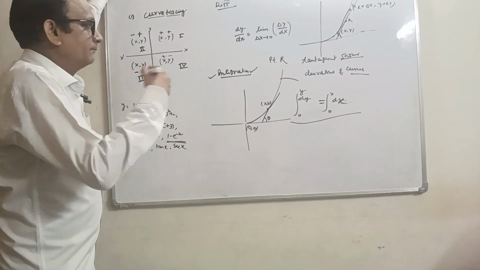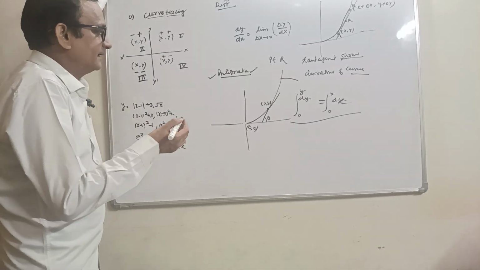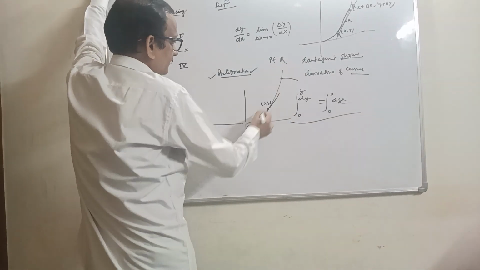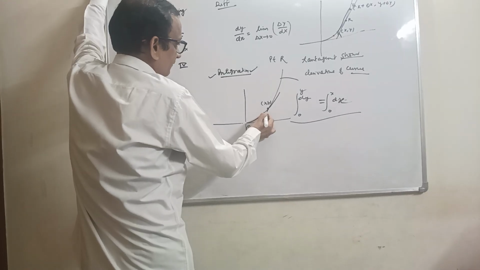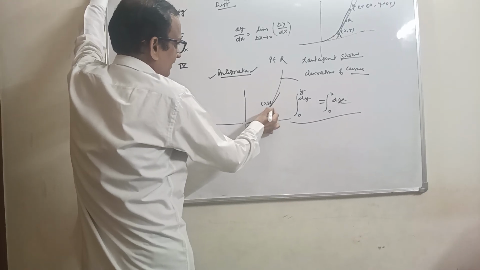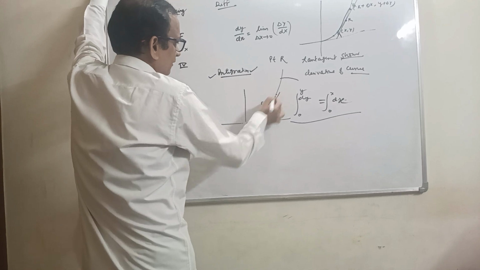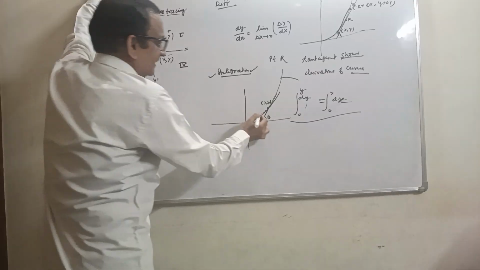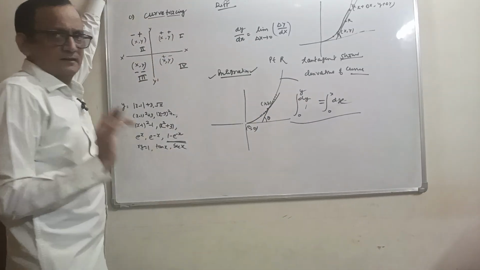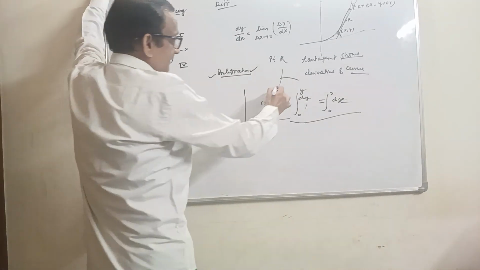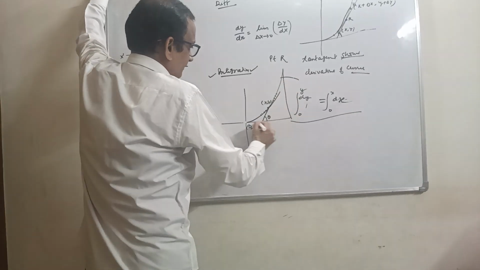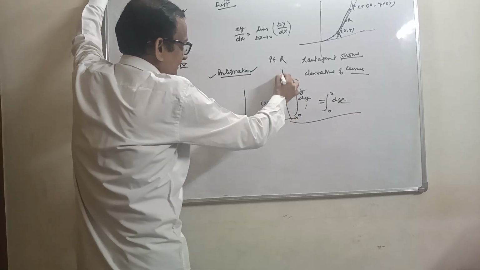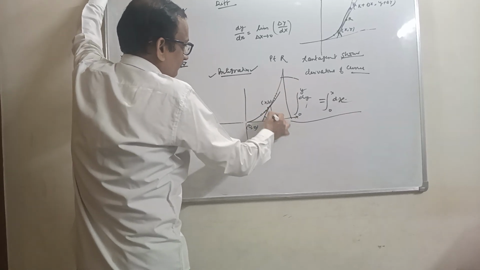So practically and mathematically, we can say integration is the summation of infinite tiny segments. Integration means addition of these tiny segments dx and dy. And the area under this graph, the area made with the x-axis and this curve, is also shown by integration. So this is the area of the curve.